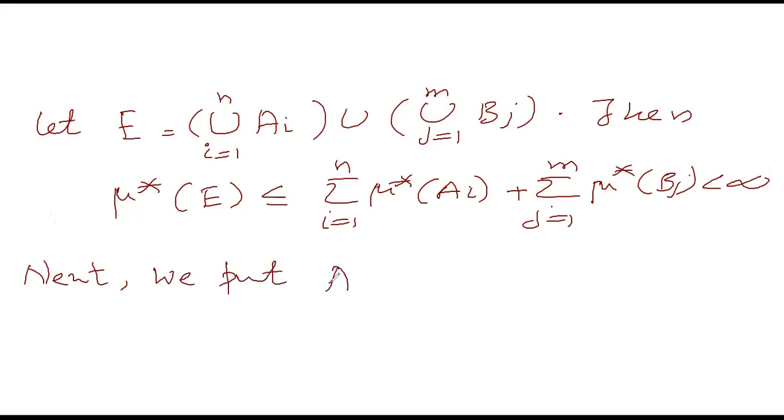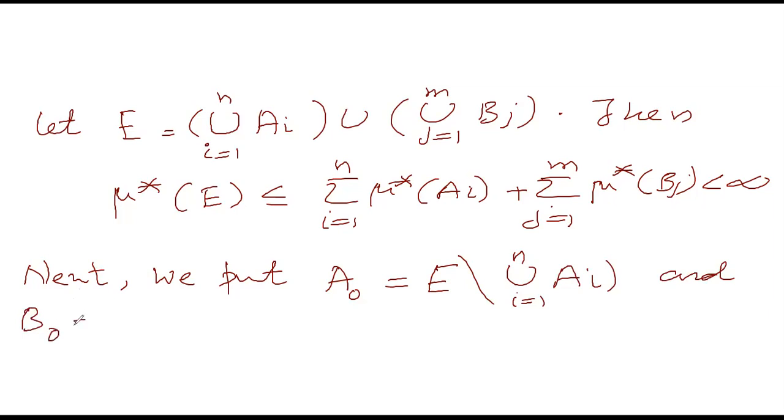Next, we put the set A naught, which is equal to E minus the union i runs from 1 to n of A_i, and set B naught equal to E minus the union j runs from 1 to m of B_j.